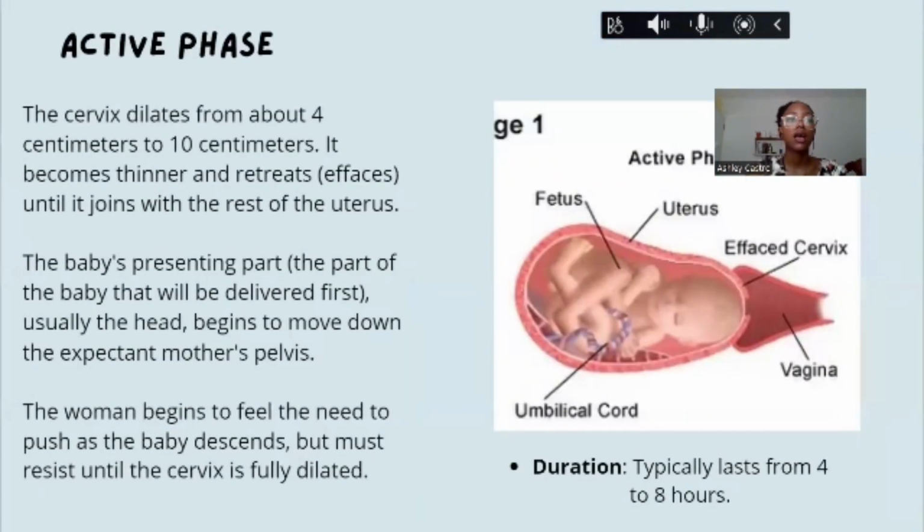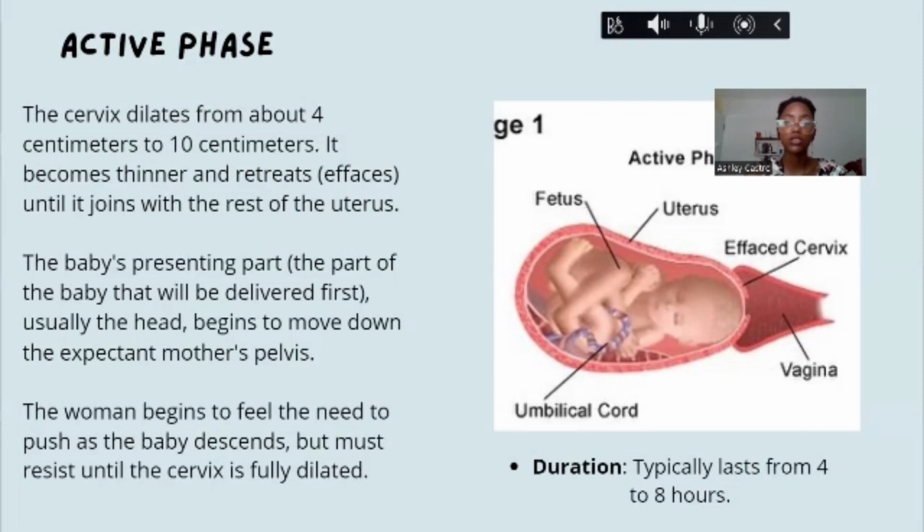Active phase. The cervix dilates from about 4 centimeters to 10 centimeters. It becomes thinner and retracts until it joins with the rest of the uterus. The baby's presenting part, the part of the baby that will be delivered first, usually the head, begins to move down into the mother's pelvis.